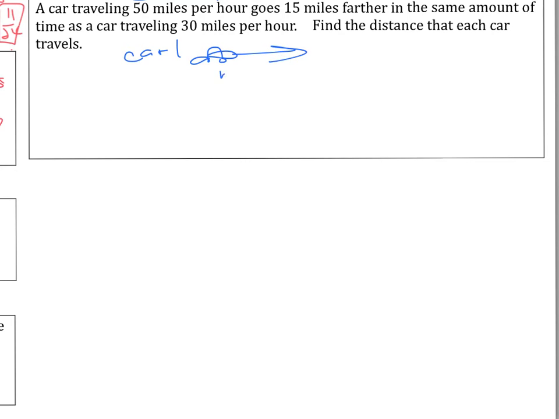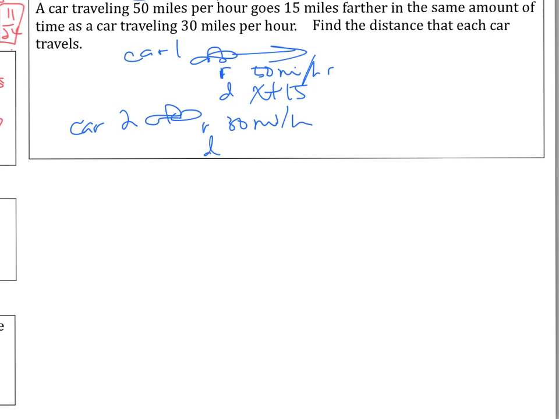The rate is 50 miles per hour. The distance is x plus 15, and you have car 2, slower. The rate is 30 miles per hour. Distance is just represented by x.